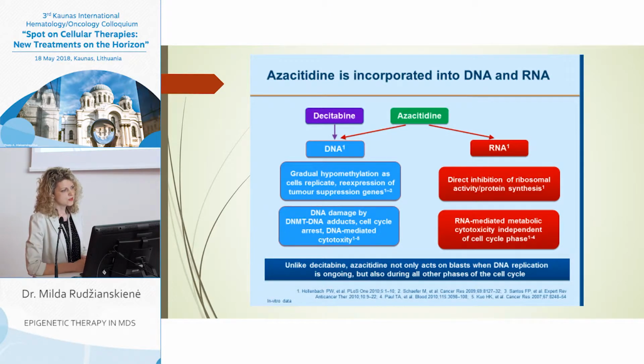You can see here the difference between the mechanism of action of azacitidine and another hypomethylating agent like decitabine. Decitabine can only incorporate into DNA, while azacitidine also incorporates into RNA, and incorporated into RNA it blocks ribosomal activity and protein synthesis.